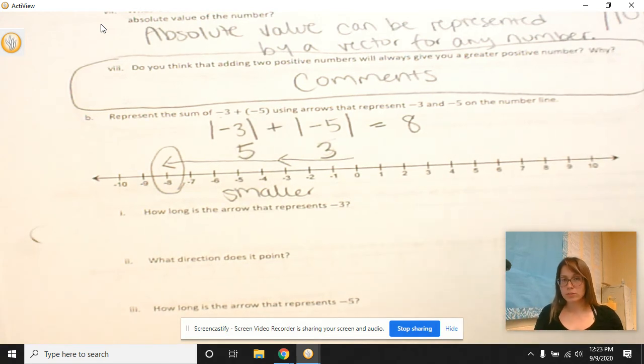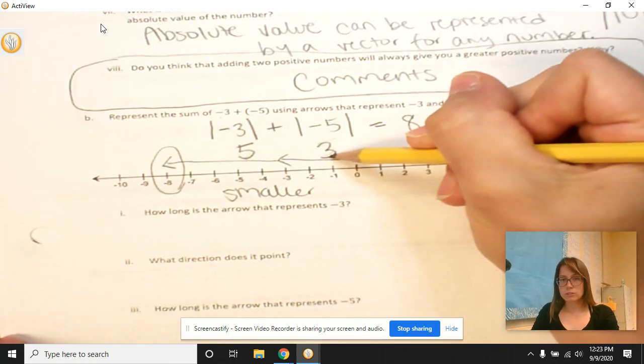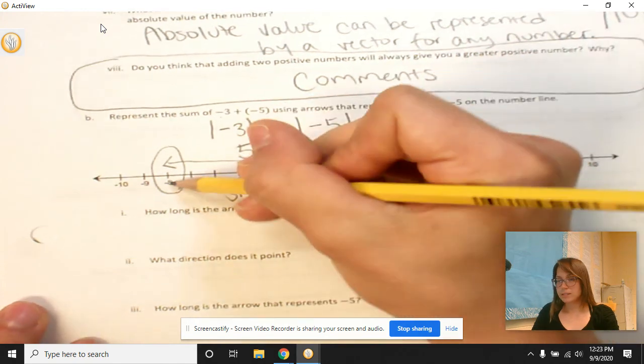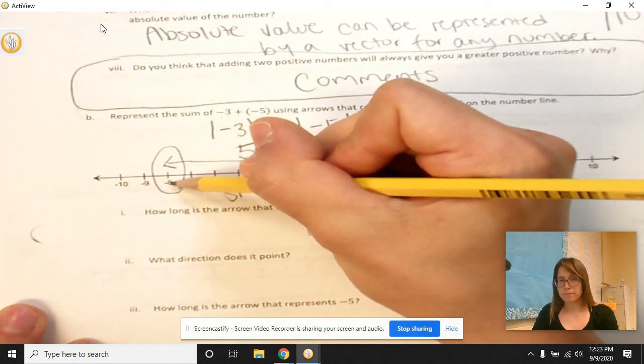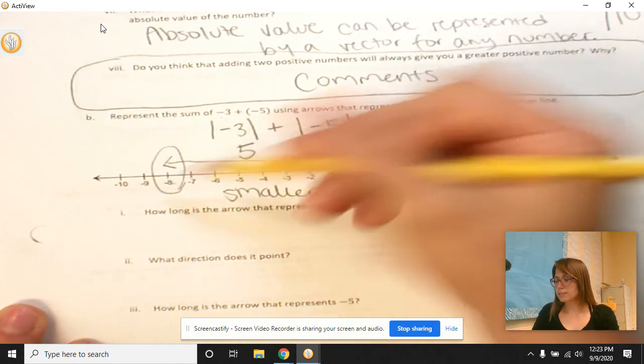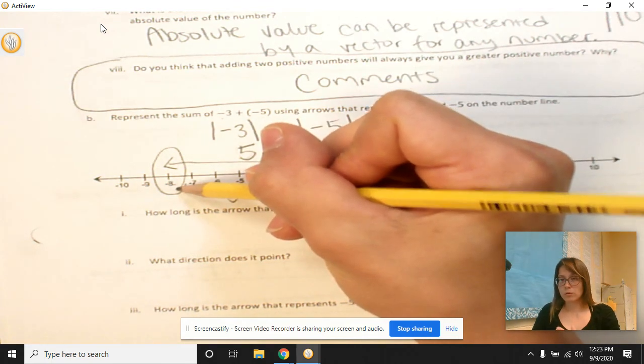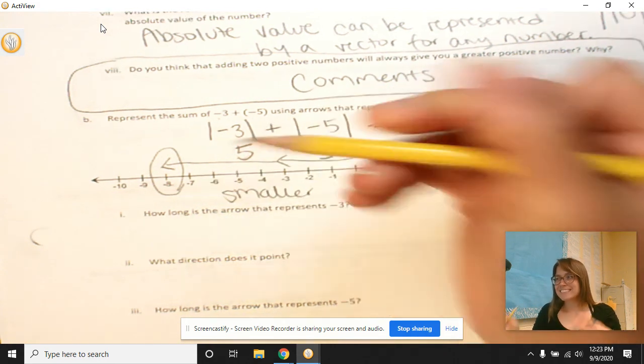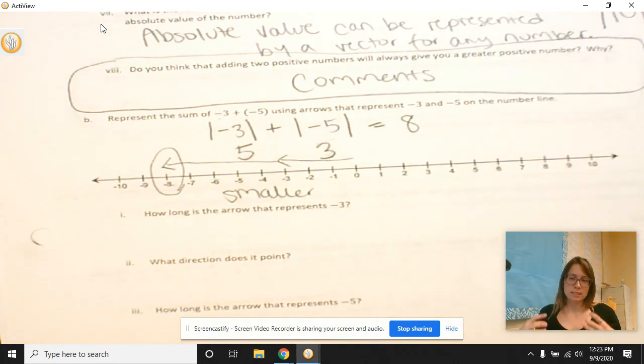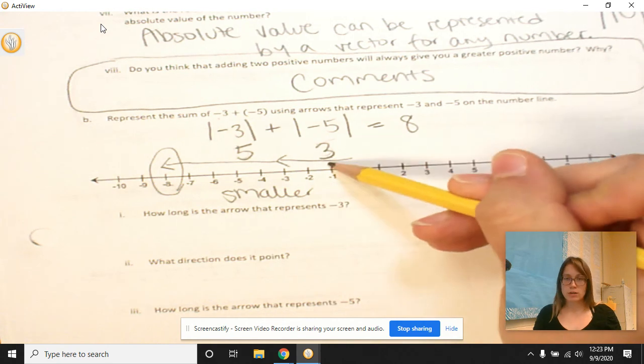I'd much rather pay $3 for something than pay $8 for something. You see what I mean? So -8, even though the number attached to the negative sign is actually larger, since it's negative, it represents a much smaller number than what I started off with.